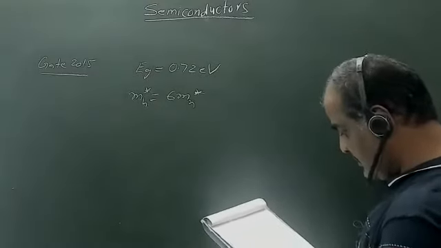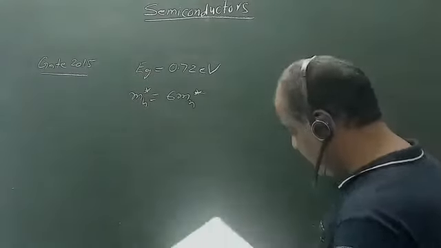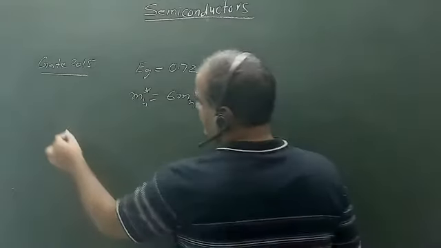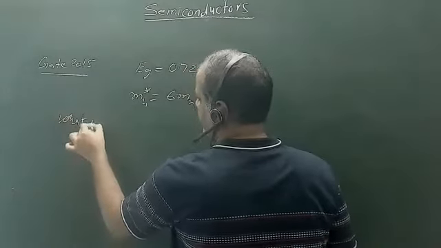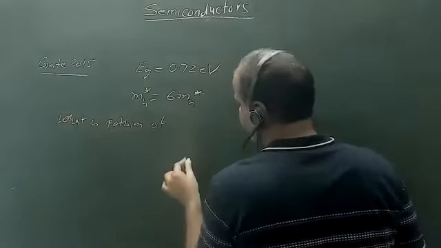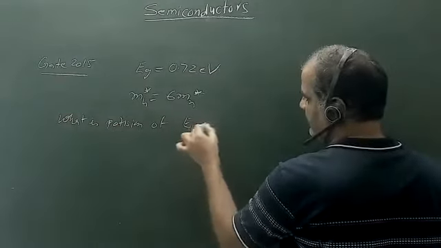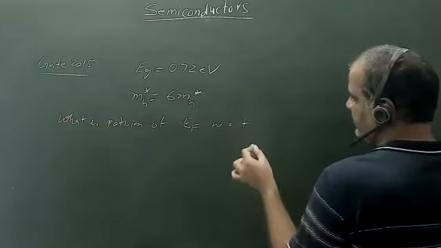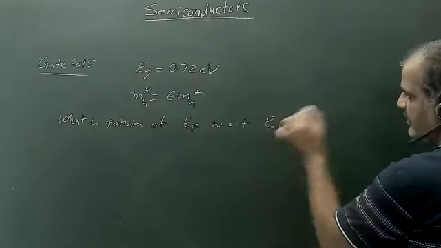They're asking what is the position of the Fermi level with respect to the valence band, EV.